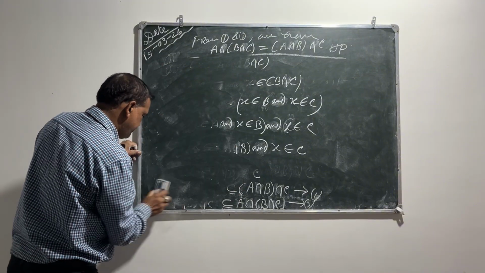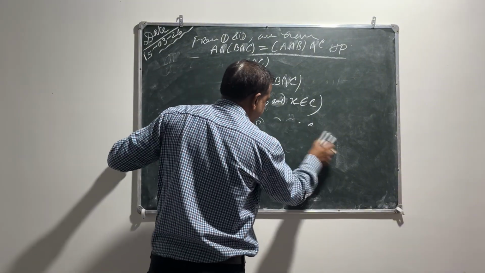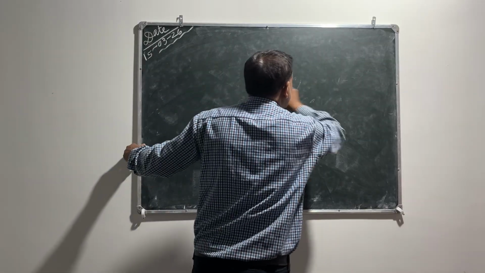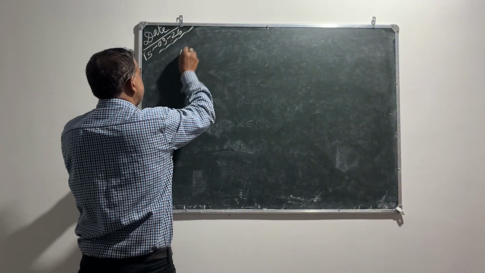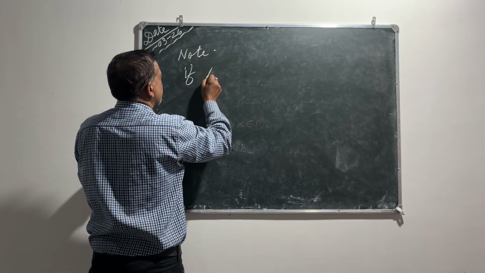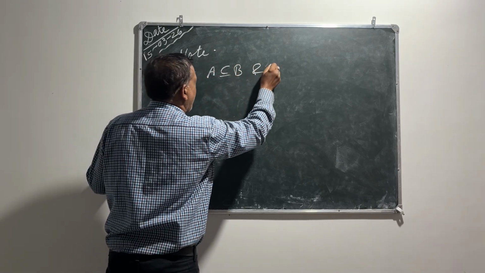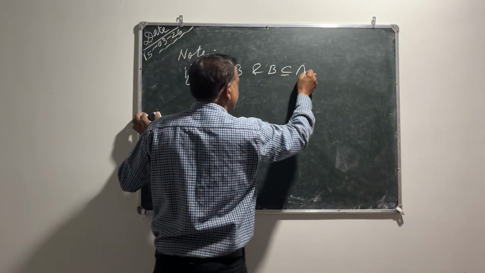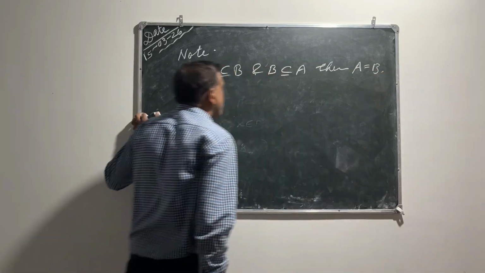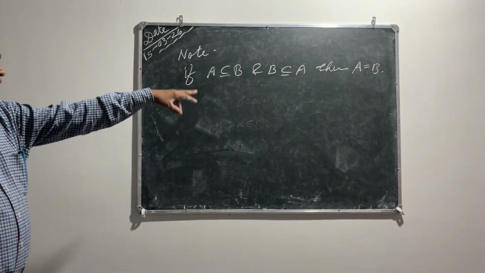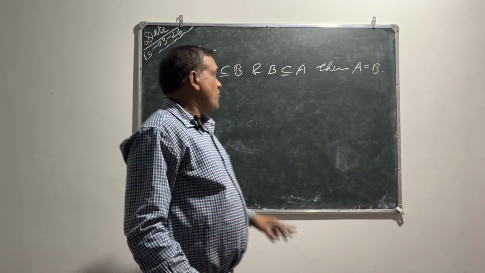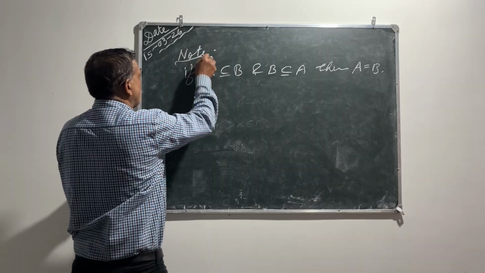Now, commutative law. One note: if A is a subset of B and B is a subset of A, then A will be equal to B. So this one is a formula, you should remember it.